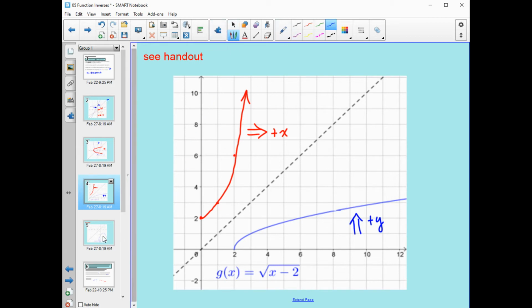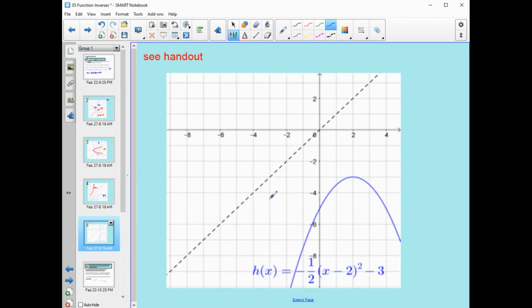And then I think I've got a final example. I also want to highlight that reflection, the line y equals x. If we take a look, same idea, another parabola. I'm just going to do this one quickly. (2, -3) ends up at (-3, 2). What's another good point on here? Yes. (4, -5) ends up at (-5, 4). Unfortunately, I didn't choose my scale as carefully as I should have.